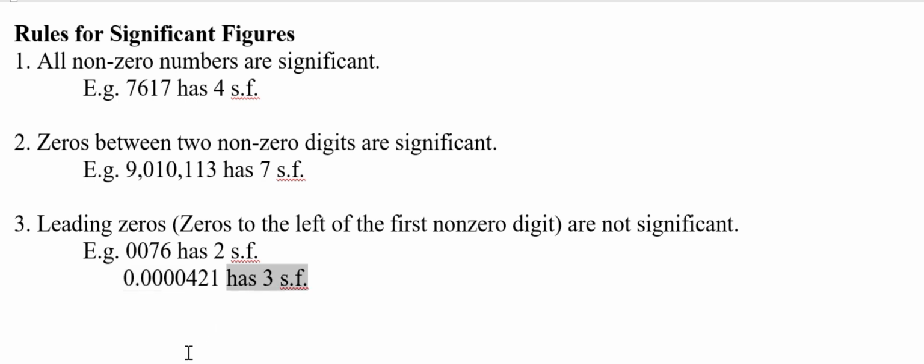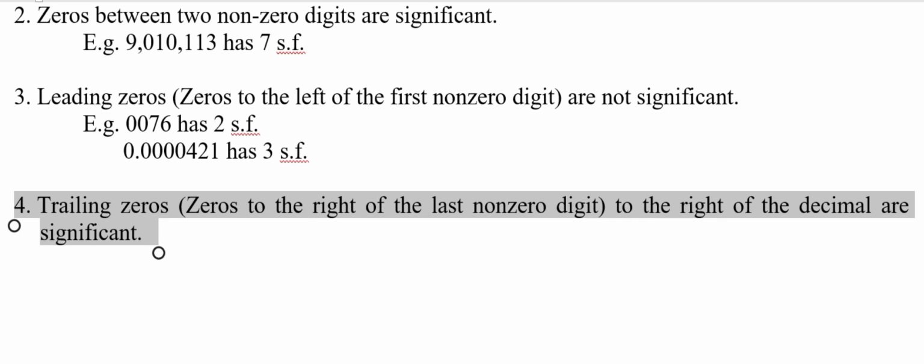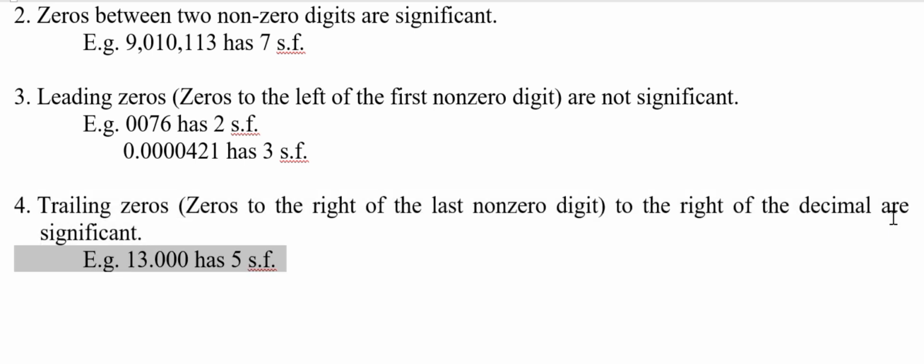The fourth rule is that trailing zeros, which are zeros written to the right of the last non-zero digit, to the right of a decimal, are significant. So if we take this example here, we have 13.000.